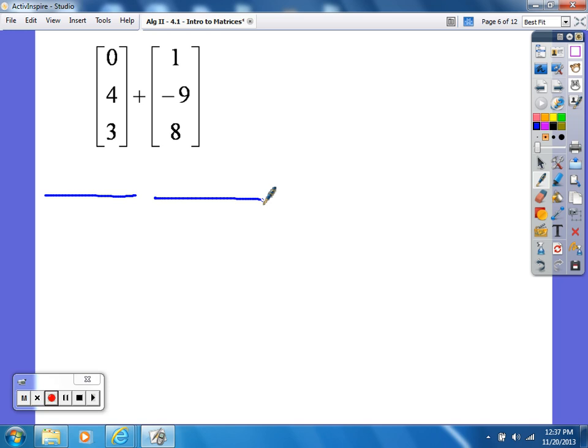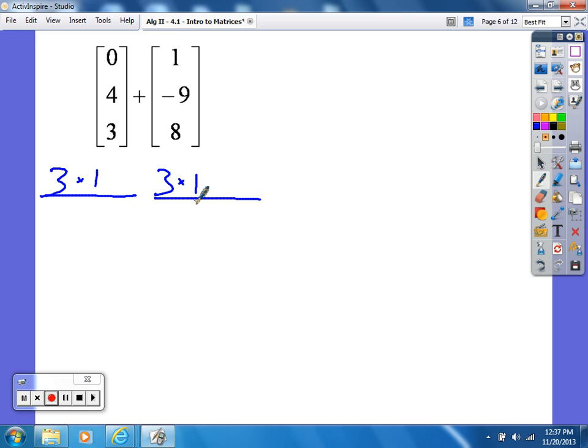So write those dimensions down for me. Sabrina, what are the dimensions of the first one? Lovely, pick a friend. How about the second one? Notice they're exactly the same. If they're exactly the same, you are allowed to add them.